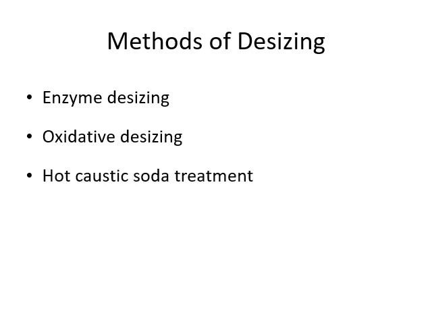The third type of desizing method is the hot caustic soda treatment, where hydrolysis of the size material takes place. Because of that disintegration of the size material, in the next process of washing the disintegrated size material will be completely removed from the fabric. Many times this process is very rarely used.